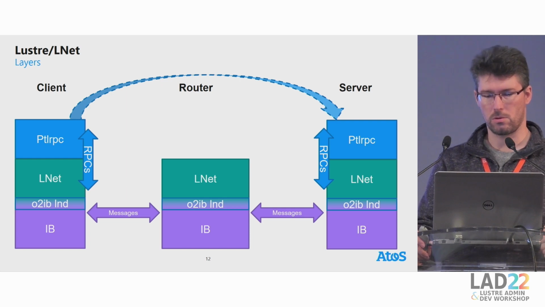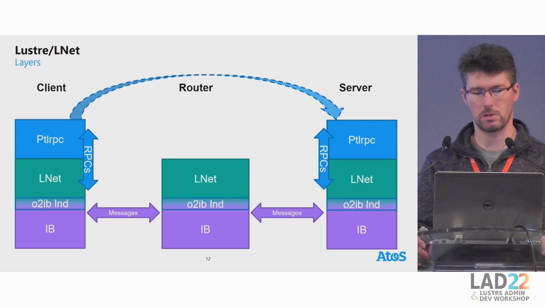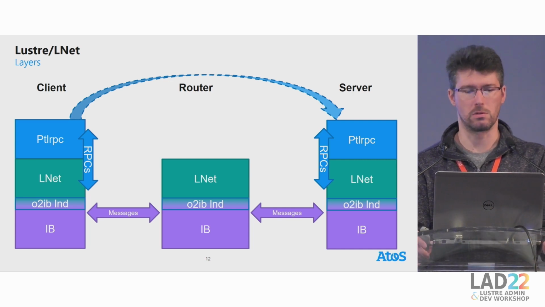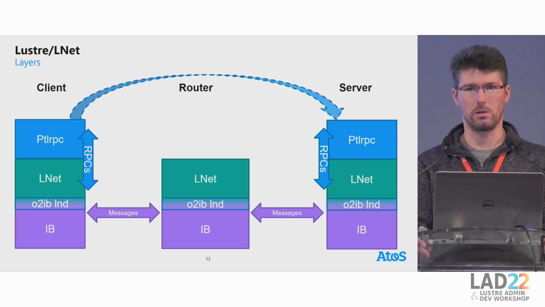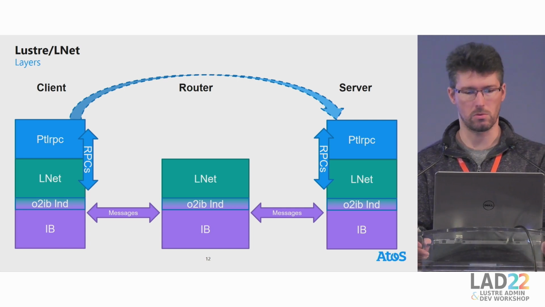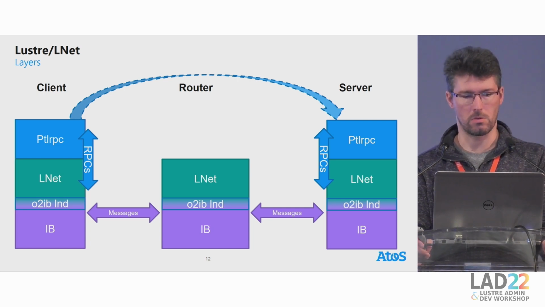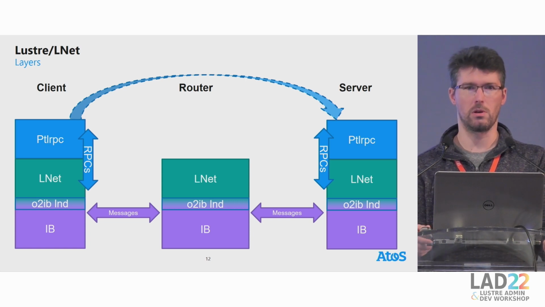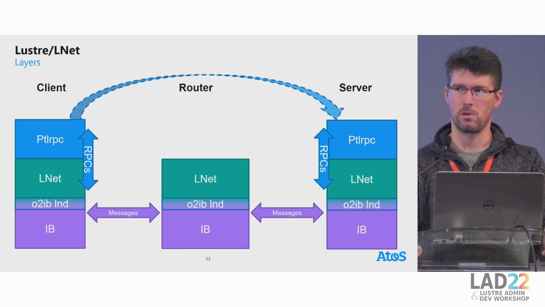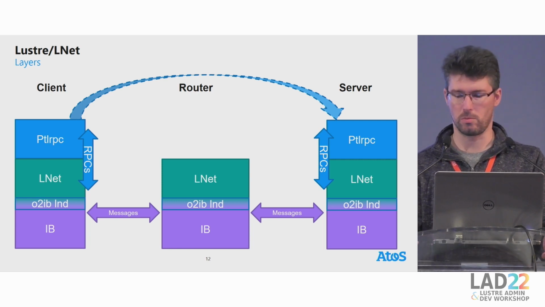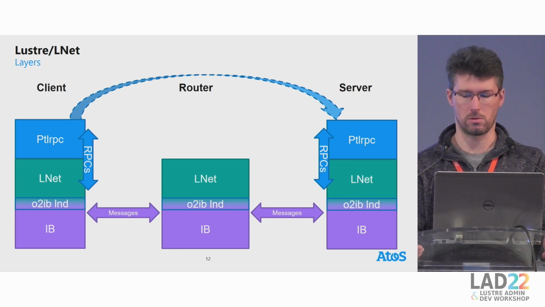For the top layer, we have the module PTL-RPC, which handles RPCs, remote procedure calls. Physically, those RPCs do not go directly from one peer to the other. They are first pushed to the lower layer, which then handles splitting the data to be transmitted physically.